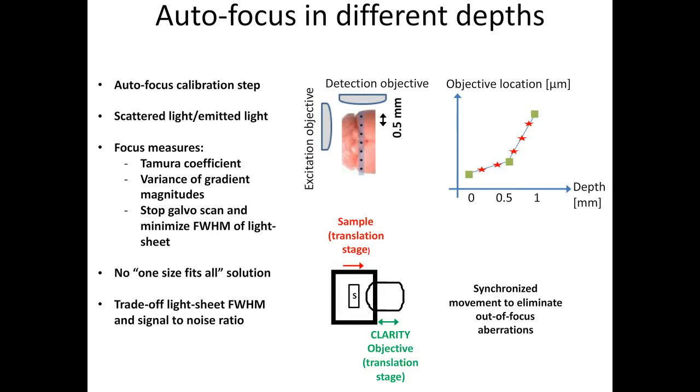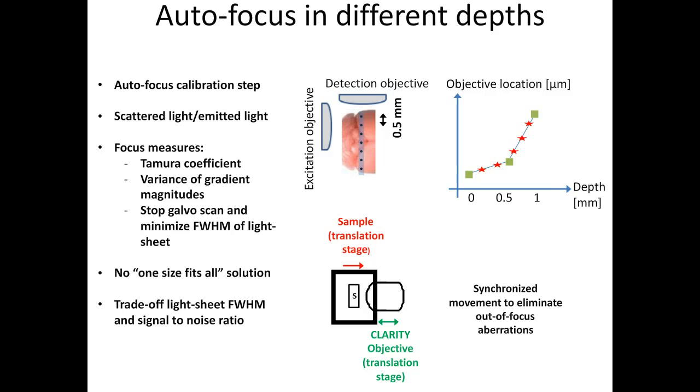And the way to compensate for that is to use autofocus at different depths. So it means every time before you capture a tile, you're going to use an autofocus calibration step. In that case, you just move in 0.5 millimeter steps along your scan, and in each depth you do autofocus.